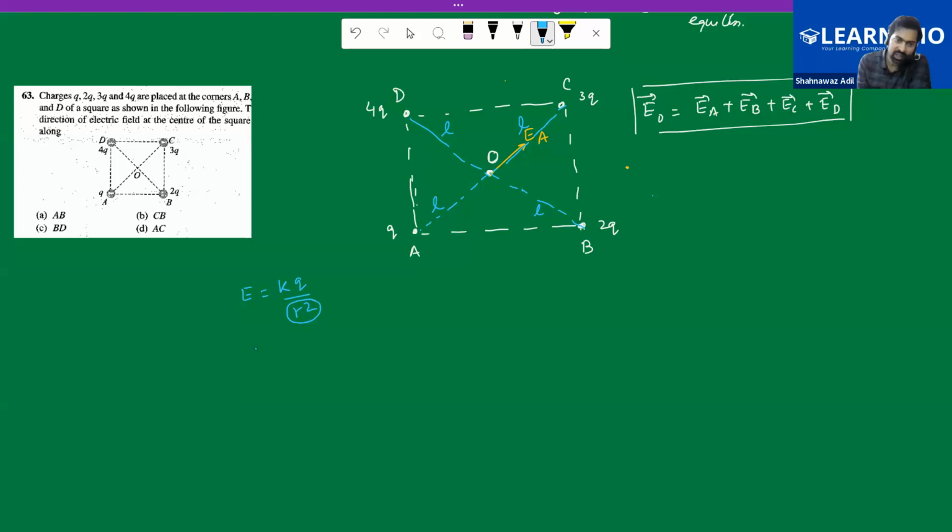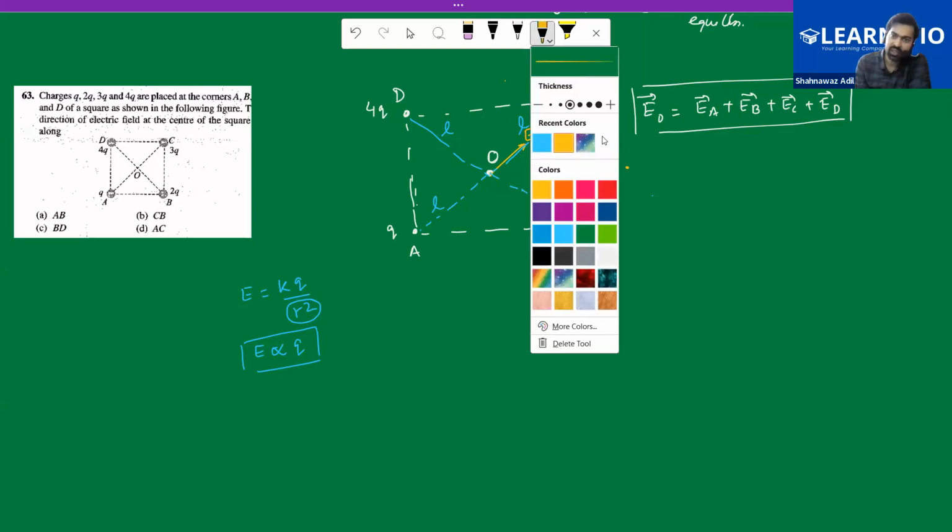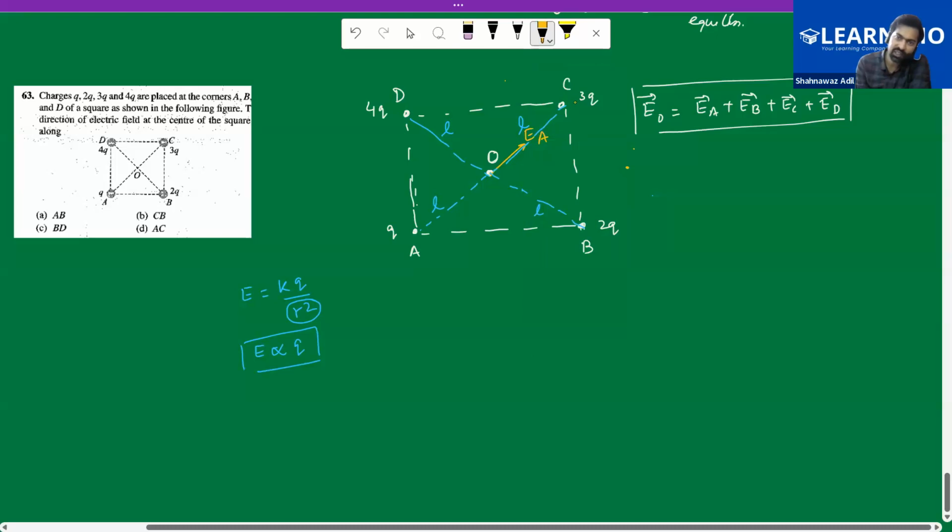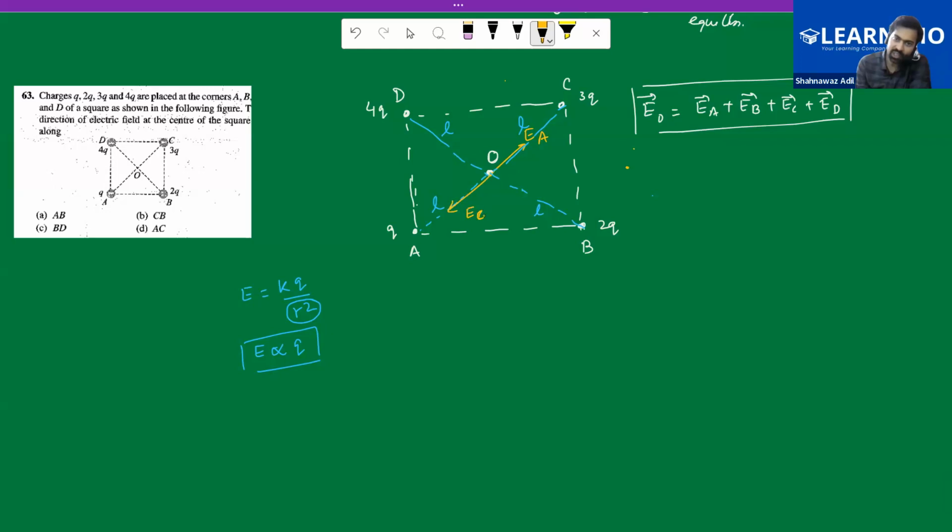If R is fixed, then electric field is directly proportional to the amount of charge, right? So we have EA in this direction, and then EC in this direction. Which would be greater, EA or EC? EA has a smaller charge, this one has a bigger charge. So EC would be greater, right?